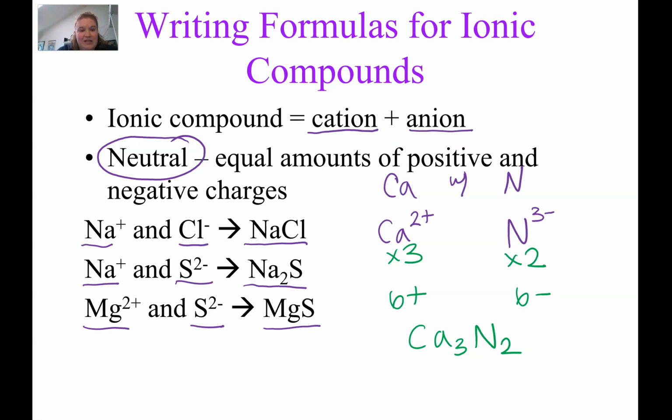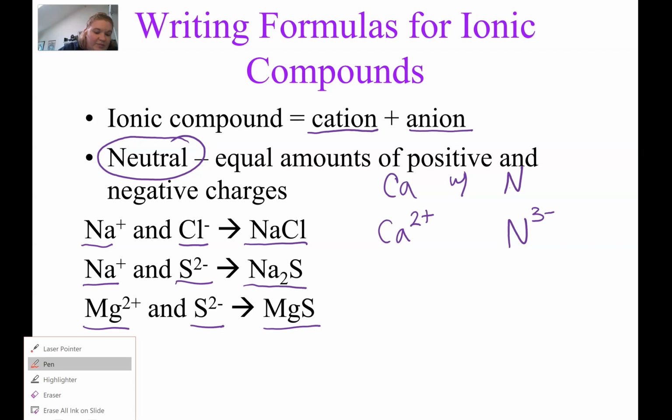3 times that 2+ charge gives us the 6+, and 2 times that 3- charge gives us the 6-. Now, there's a little shortcut to this though. I'm going to erase this, and I'm going to show you another way to do this exact same problem.